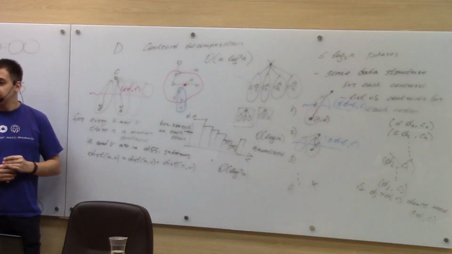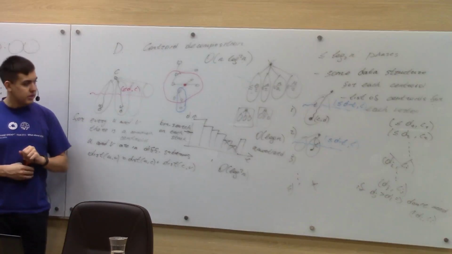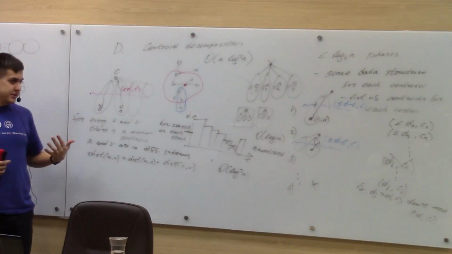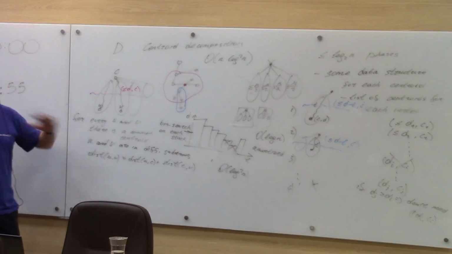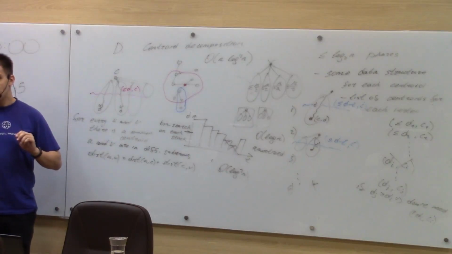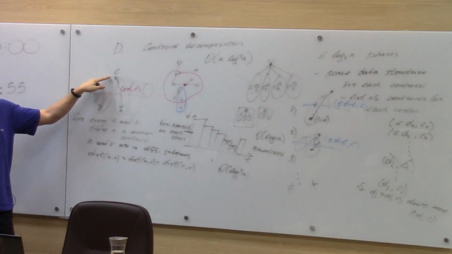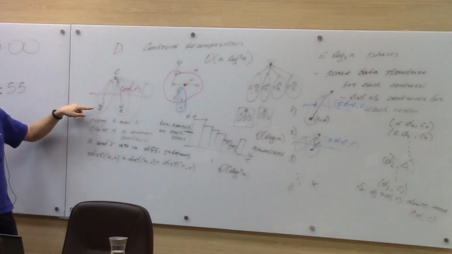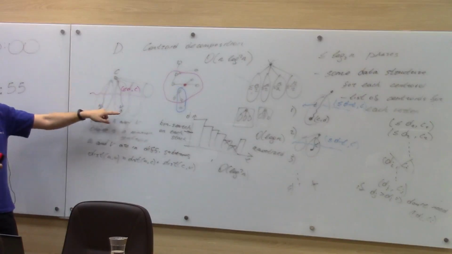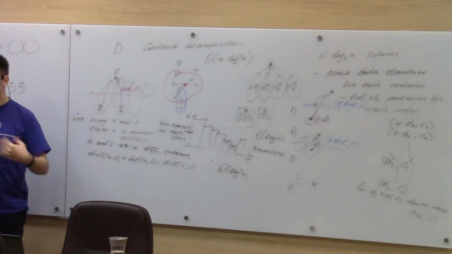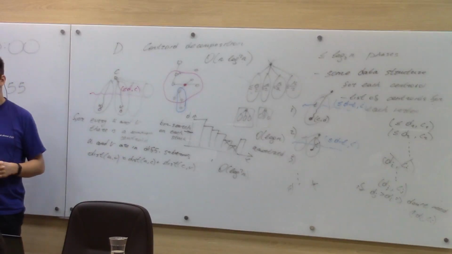Well, if you dislike LCA for some reason, then you can build a centroid decomposition. You have two vertices, you can find their common centroid and take the sum of the distance from the first vertex to that centroid and from the second vertex to that centroid, and that will be the real distance between these two vertices.